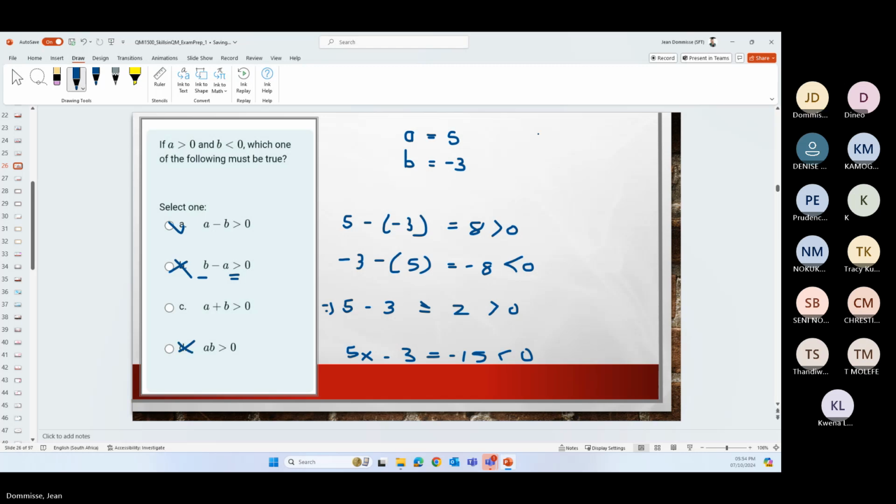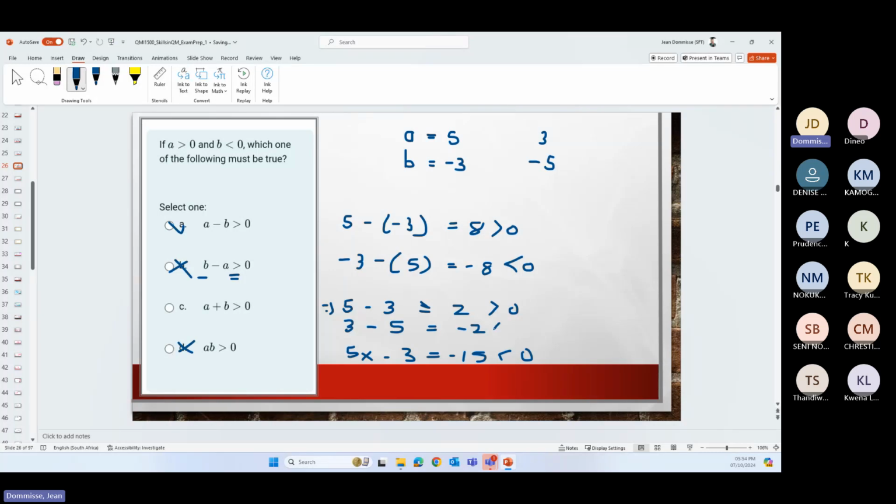Okay, so let's see. What if A was 3 and B was -5? Those will still all be fine, but let's now see. A is 3 plus -5 is equal to -2, which is smaller than 0.